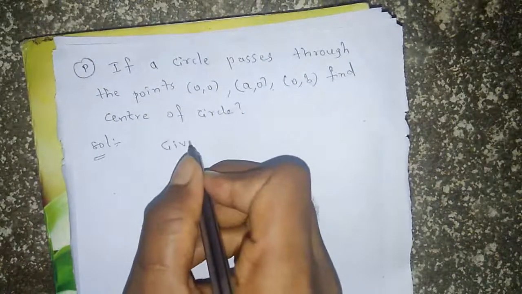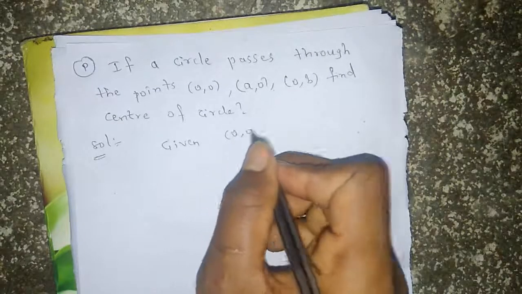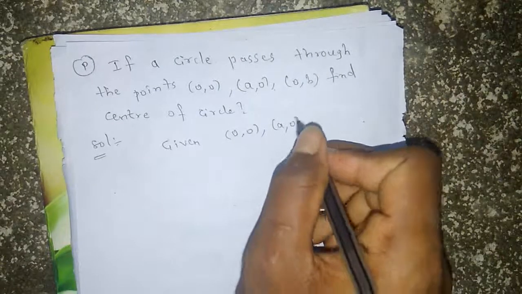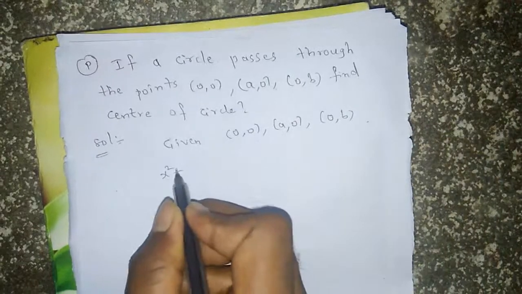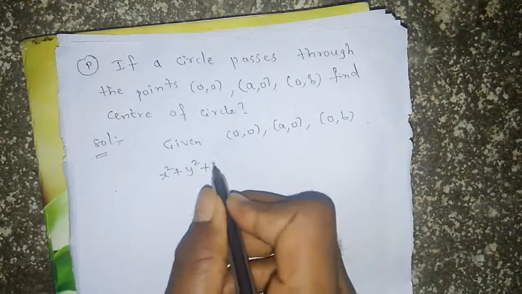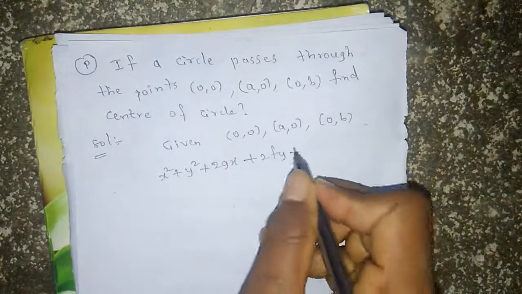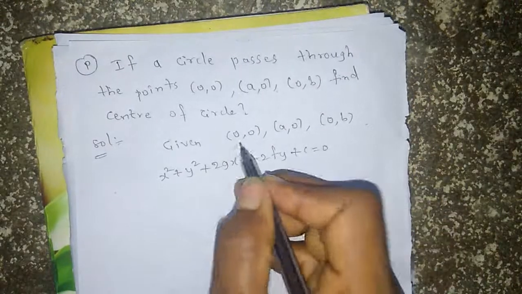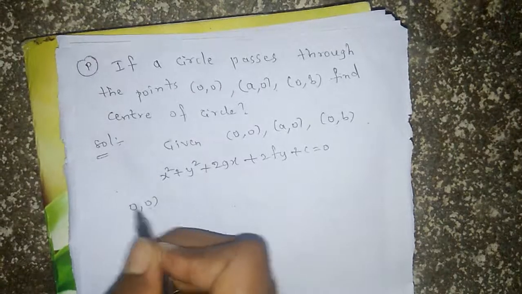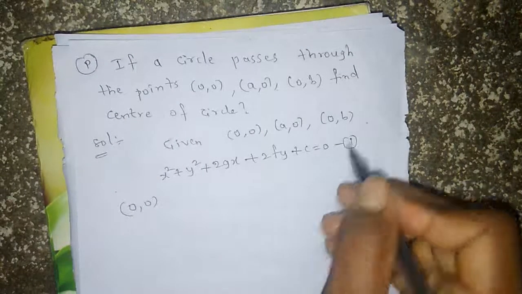Here given points 0, 0, a, 0, 0, b. General equation of circle is x square plus y square plus 2gx plus 2fy plus c is equal to 0. First substitute 0, 0. Let this be 1.